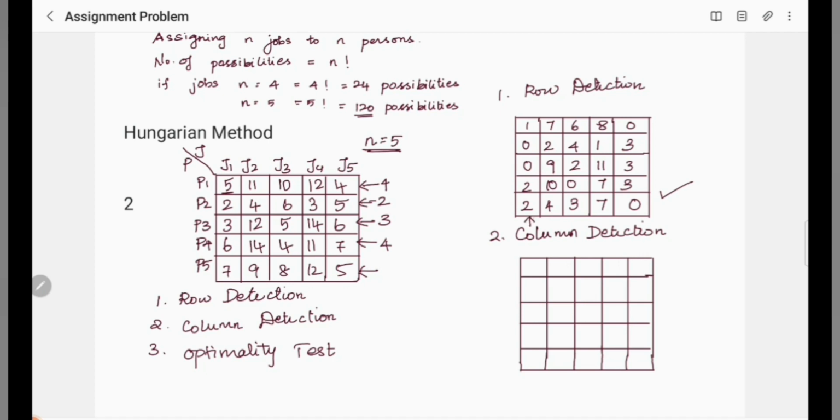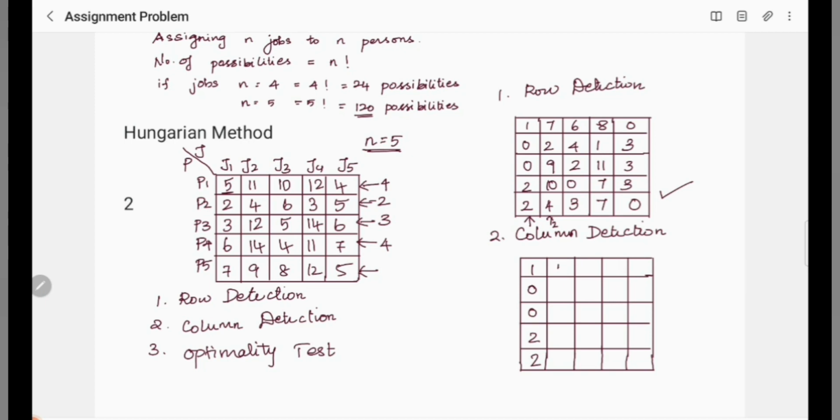In this column, the minimum element is 0. Subtracting 0 from all the other elements returns the same values, so I am just copying the same elements since the minimum element in this column is 0. We'll move to the next column. In the next column, the minimum element is 2. So I am subtracting 2 from all the elements in that column.